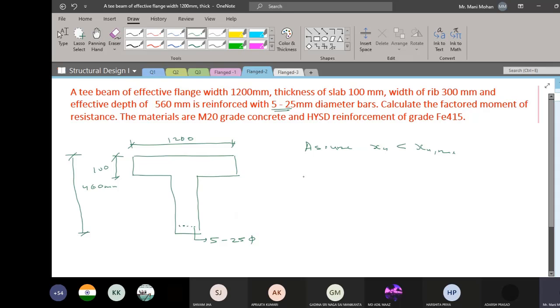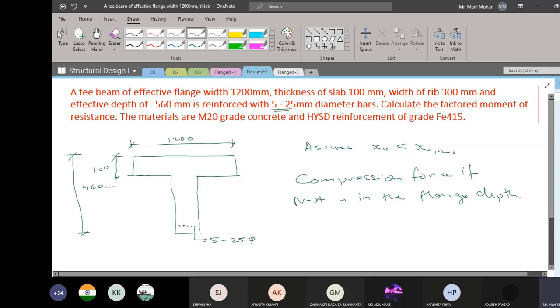So let us compute what is the compression force if neutral axis is in the flange depth. Please see here, I have assumed my neutral axis to be here.